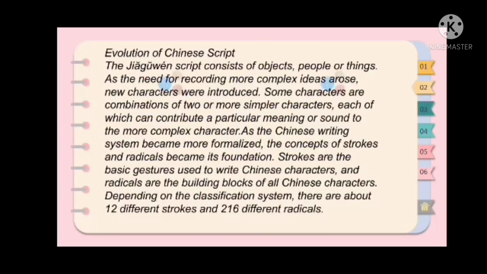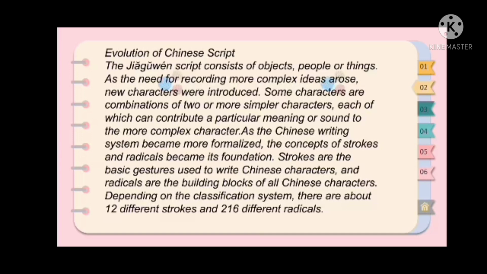Evolution of Chinese script. The Jiaguwen script consists of objects, people or things. As the need to record more complex ideas arose, new characters were introduced. Some characters are combinations of two or more simpler characters, each of which can contribute a particular meaning or sound to the more complex character.